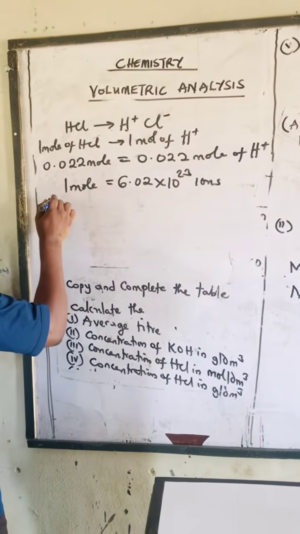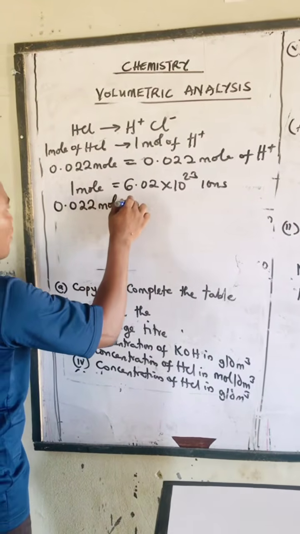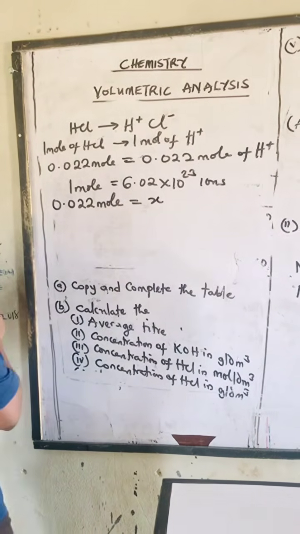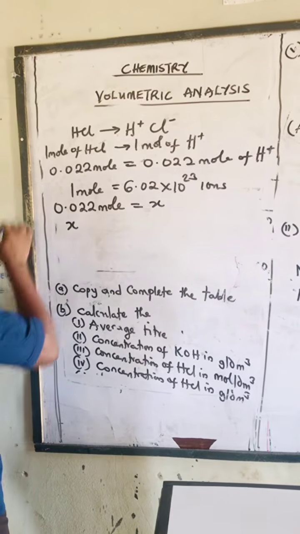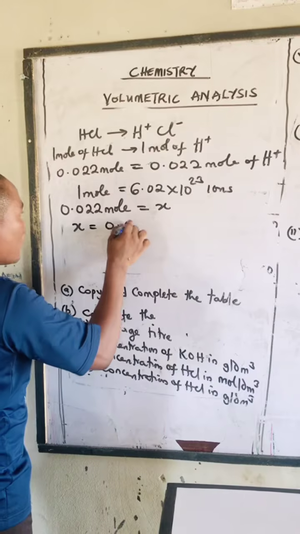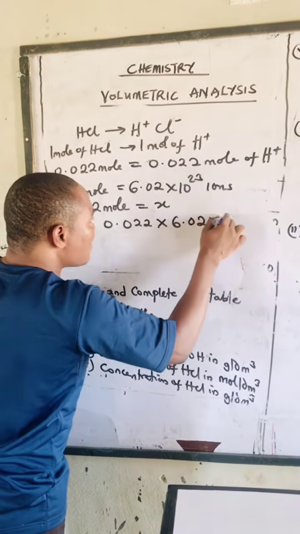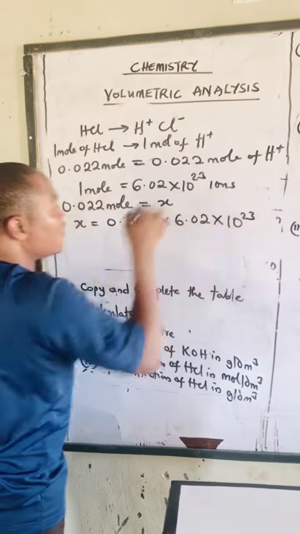So we have 0.022 mole will now be equal to what? X. Do we get that now? So our X, which is the number of hydrogen ion in this, will be equal to 0.022 times 6.02 times 10 raised to the power 23.